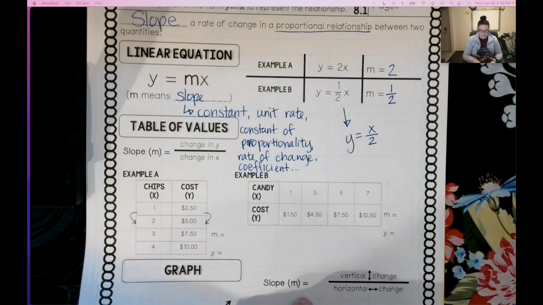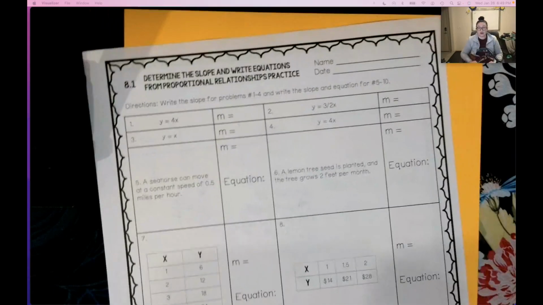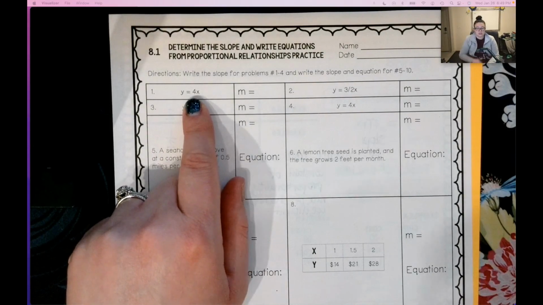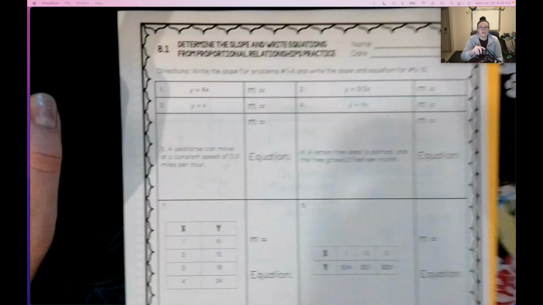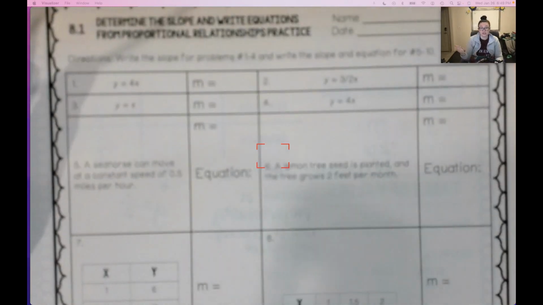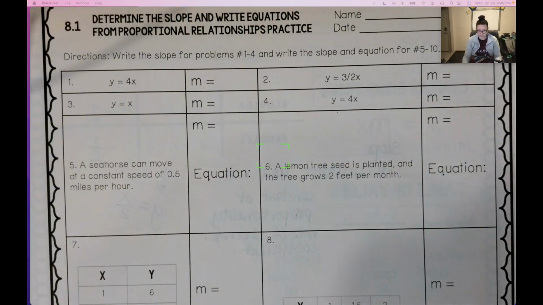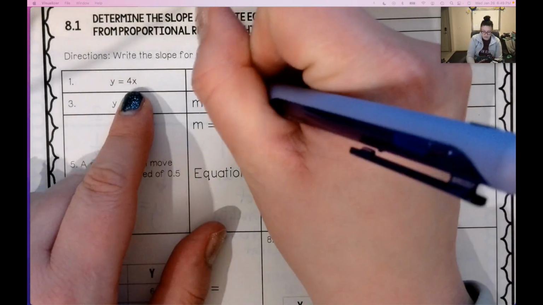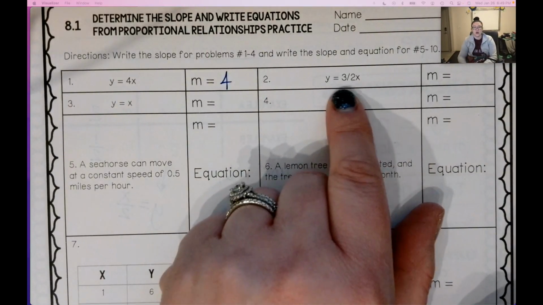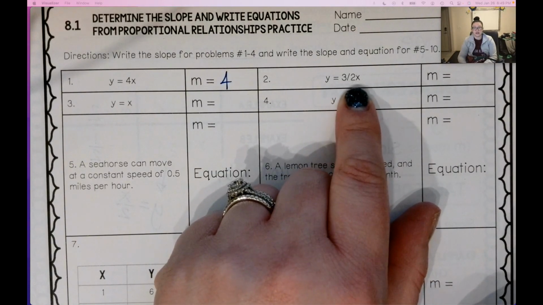Let's take a look at some examples where we're finding the slope in our equation. On number 1, we have y is equal to 4x. What is your m? What is your slope there? 4, the number that's in front. Number 2, y is equal to 3/2 x.